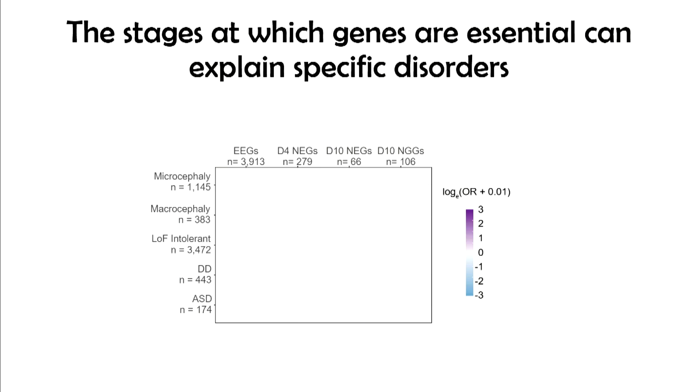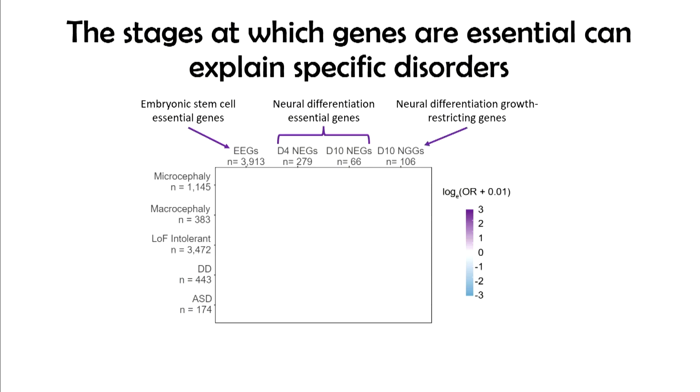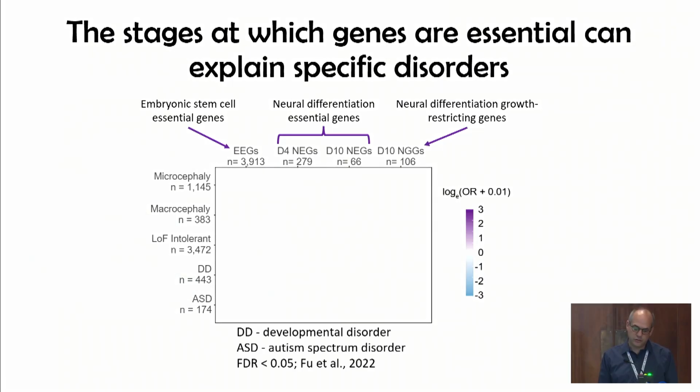We looked at 4 different groups of genes here: those genes that are essential before differentiation in the embryonic stem cells, those that are essential at different time points during the differentiation, and the growth restricting genes. We compared them to a list of genes known to cause or be associated with microcephaly, macrocephaly, loss of function intolerant genes, and genes associated with developmental disorders or autism. This is from the same study I showed you, but with a less stringent threshold.